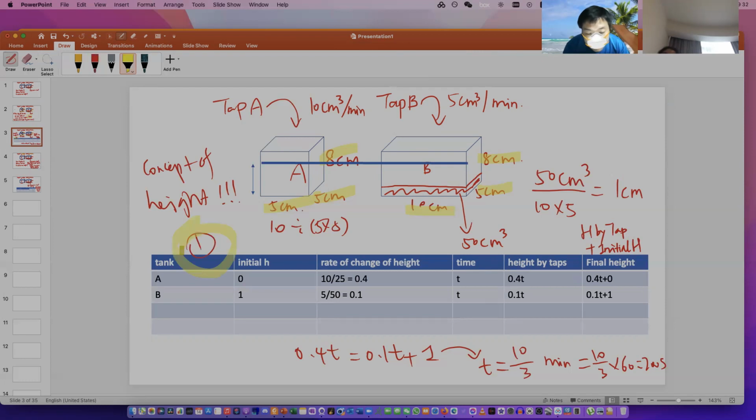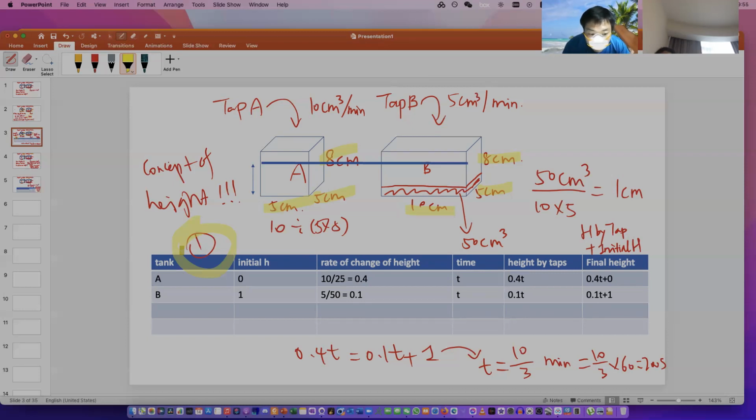That's the reason why I demonstrate both method 1 and method 2, because I see that sometimes it's easier for you to get the answer using method 1. For this question, I think it's easier to get the answer by method 1.